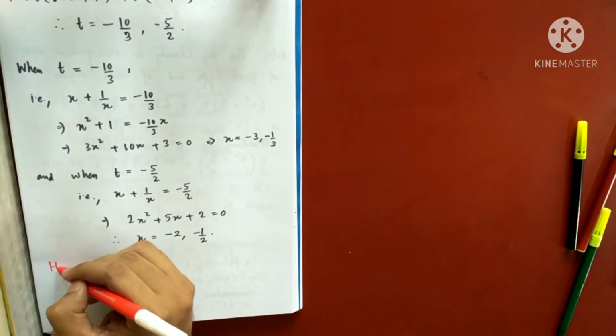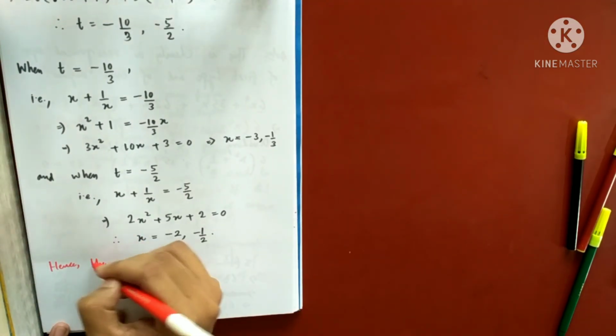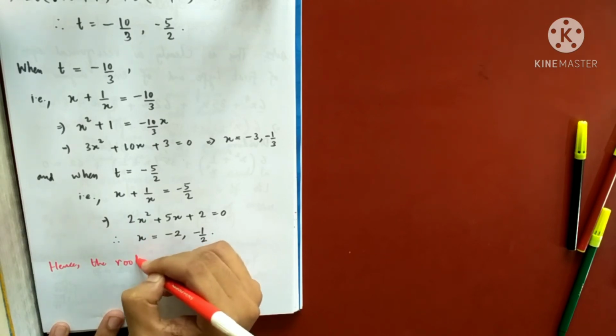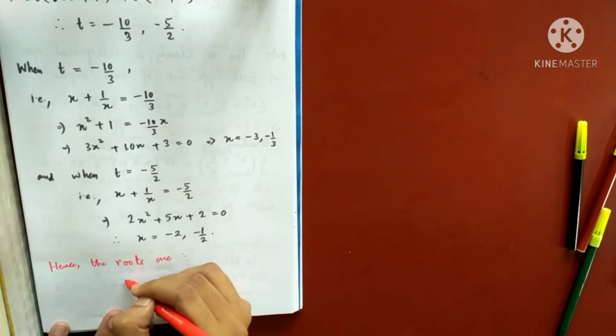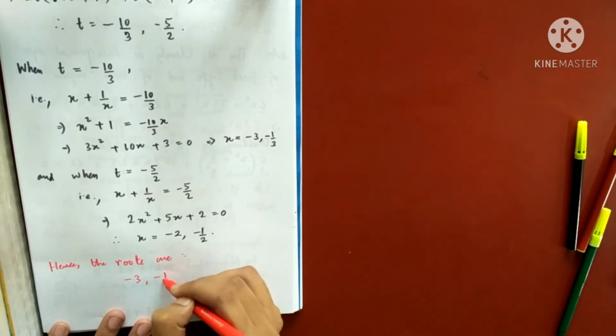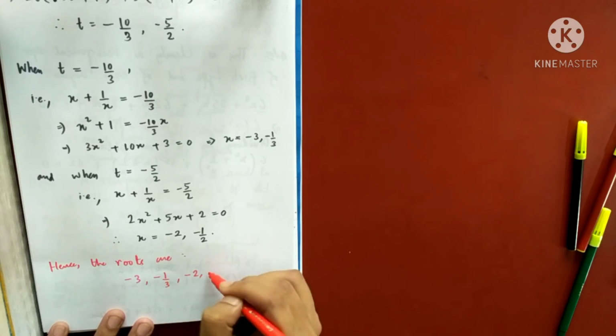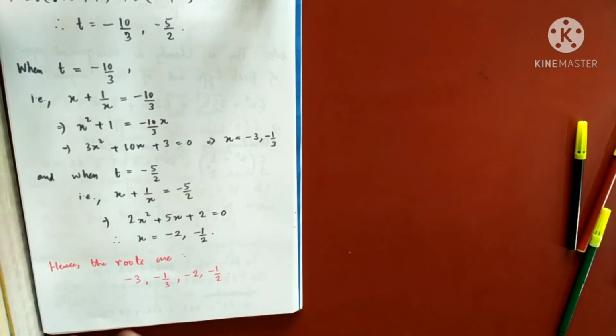So hence the roots are minus 3, minus 1 by 3, minus 2, and minus 1 by 2. And you see, Gaurav, you said 9 and 1. 9 and 1 is not a possibility because it is a reciprocal equation. Don't forget the definition of the reciprocal equation. The reciprocal of each of the roots should also be a root.